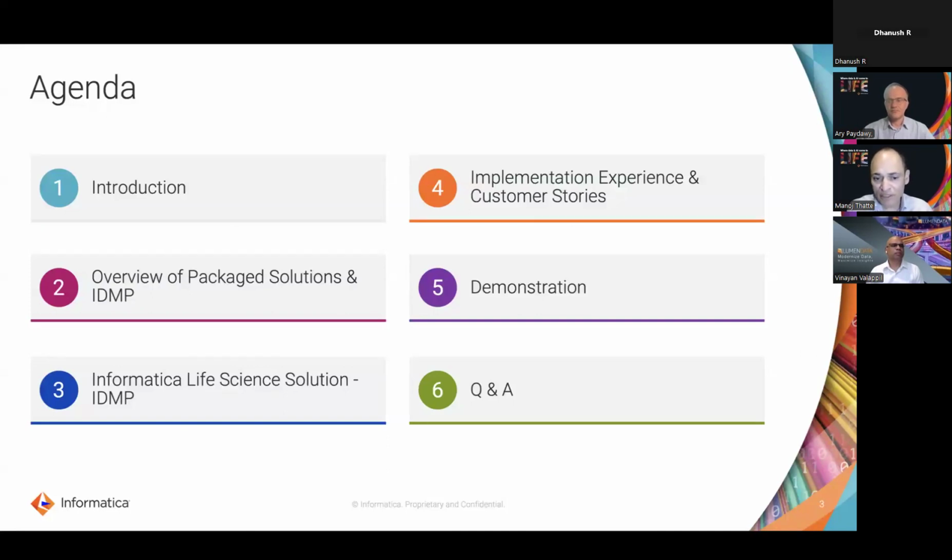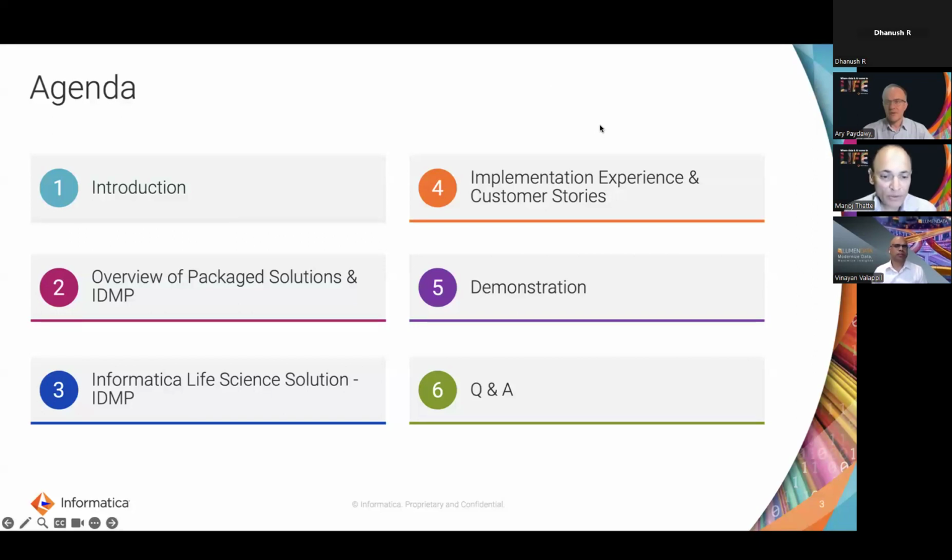Ari would have established the use cases for IDMP, and Vinayan will give a practical example of how he used Product 360 to solve an IDMP problem with an actual customer. So he'll talk about his implementation experience. And the third part of the session would be a live demonstration of the IDMP solution. And again, at the end, we will have some time for Q&A. So without further ado, I would invite my colleague Ari to take us through the IDMP overview.